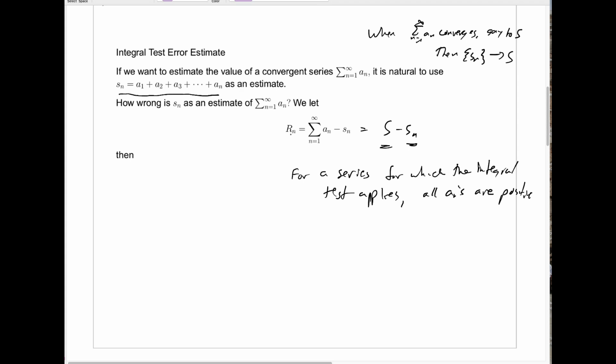So this difference, R sub n, which is S minus S sub n, that's just all the terms in the series which are not included among the first n. That's a sub n plus 1 plus a sub n plus 2. These are the ones we're leaving out when we just use the nth partial sum as an approximation. Our error is this, and this will be positive.